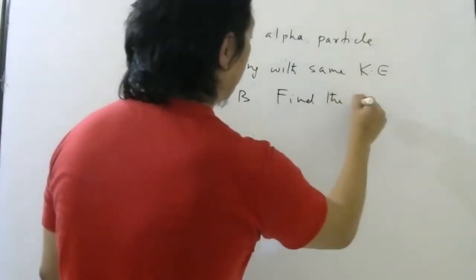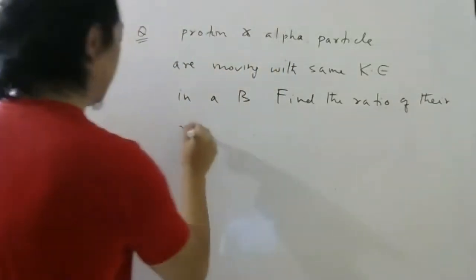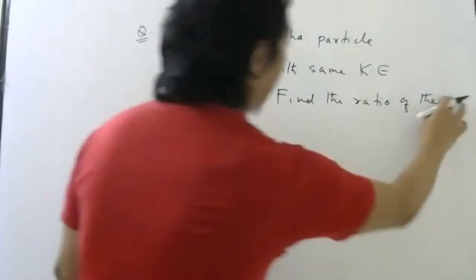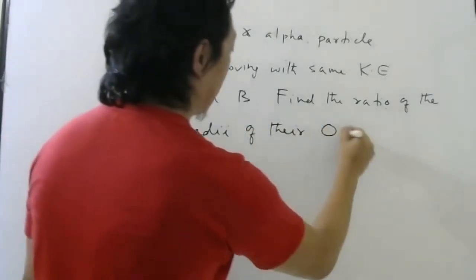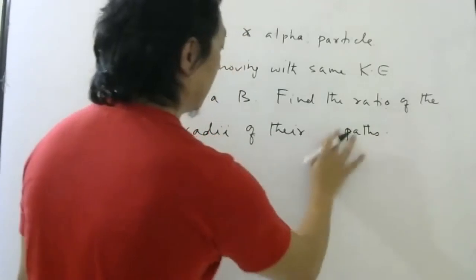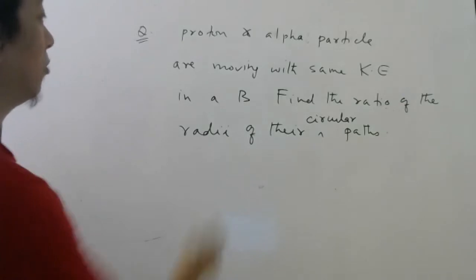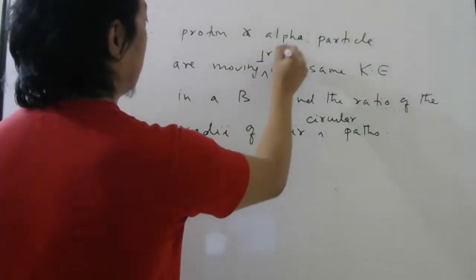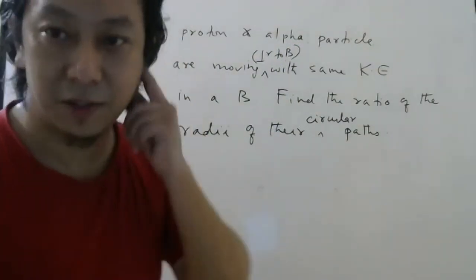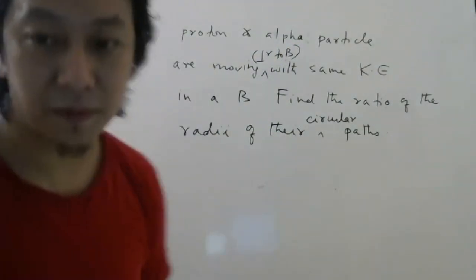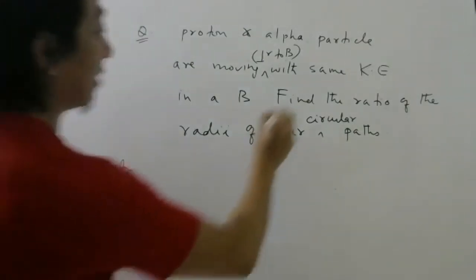Find the ratio of the radii of their circular paths. They are moving perpendicular to the magnetic field. If it is not perpendicular, tomorrow we will discuss. Today I thought, but time is not there. So try this problem. Again, check what is kept the same. This is kept the same.